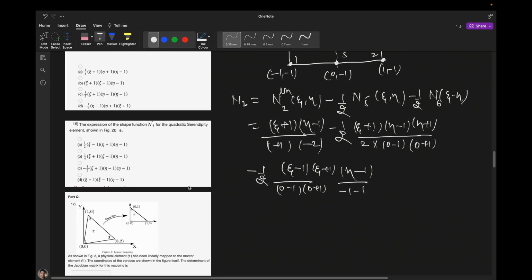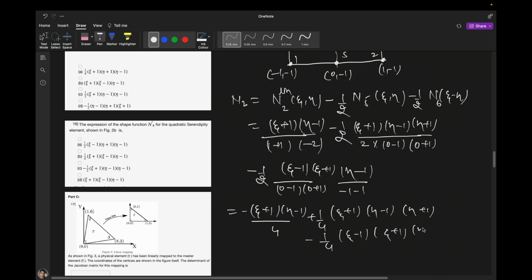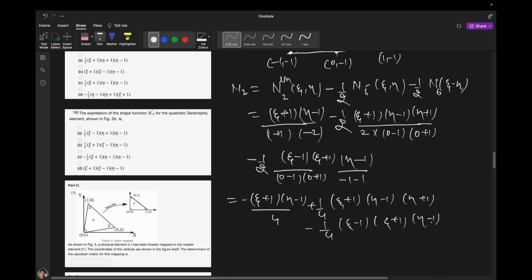And when you simplify it, okay, that will be xi plus 1, eta minus 1, plus 1 by 4, eta minus 1, eta plus 1, minus 1 by 4, eta minus 1, xi plus 1 and eta minus 1.